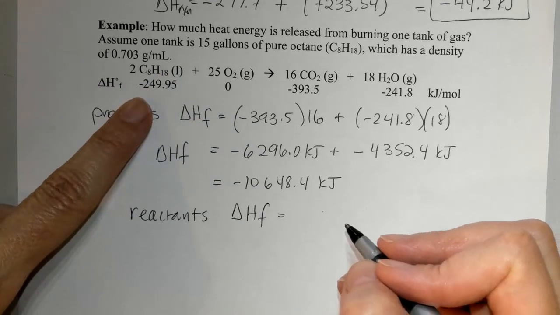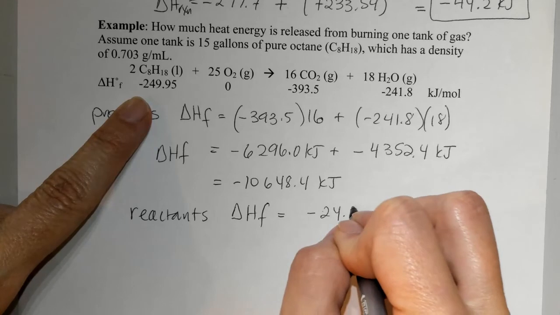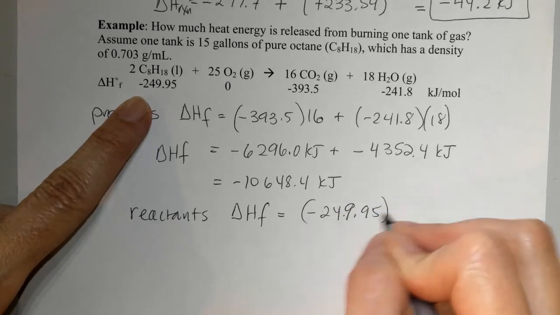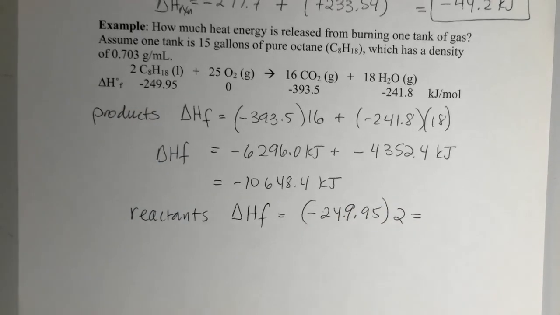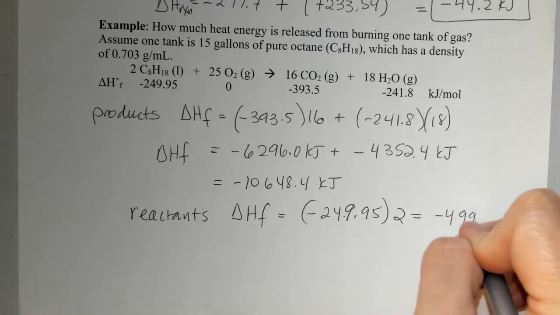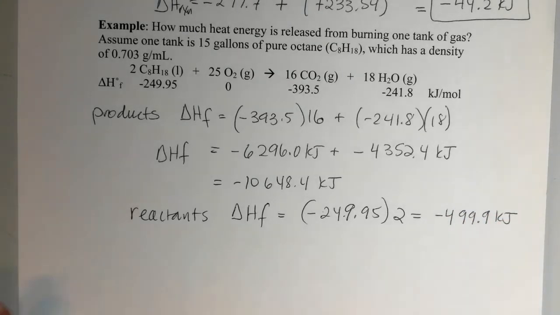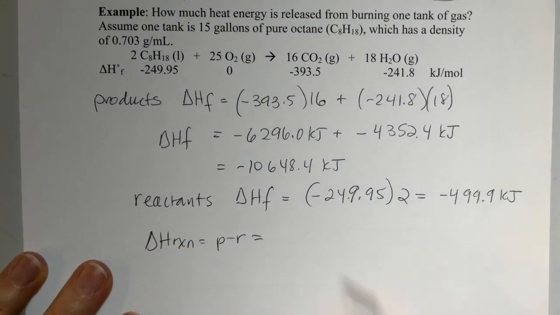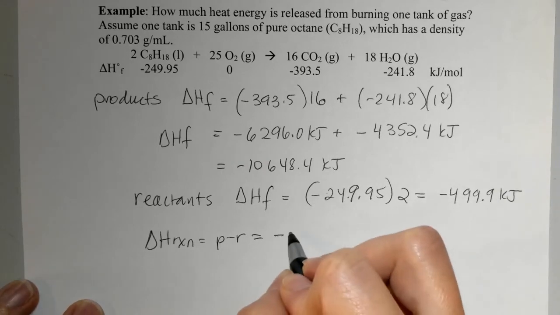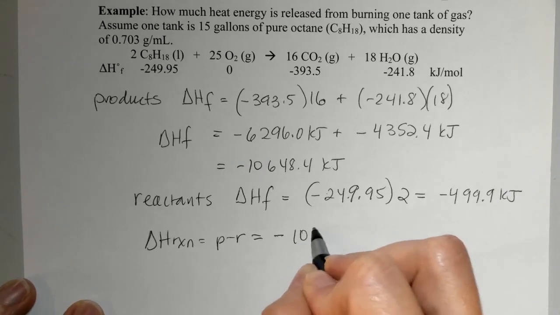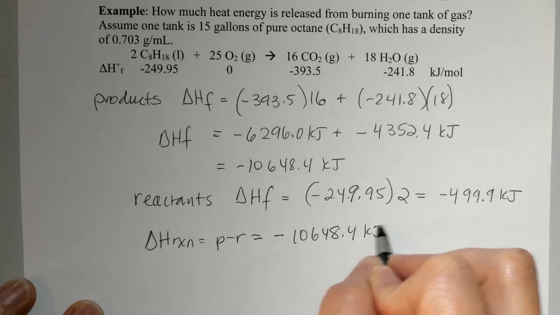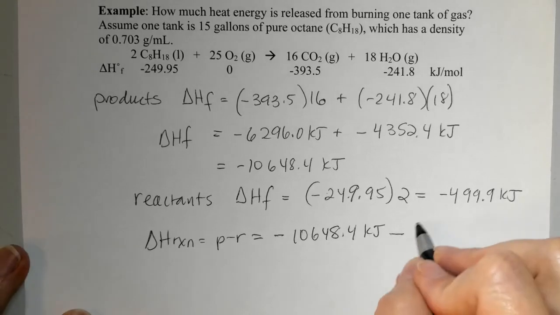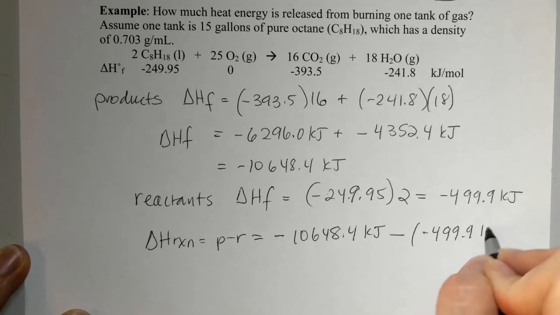So we're really just looking at the octane, the negative 249.95 times 2. So 249.95 times 2 is negative 499.9 kilojoules. So now what we need to do to get the heat of the reaction, we take products minus reactants. So our product formation, negative 10,648.4 kilojoules, minus the reactants, the negative 499.9 for the octane.